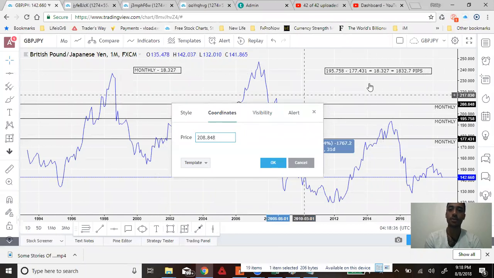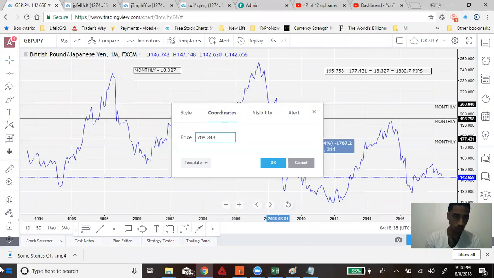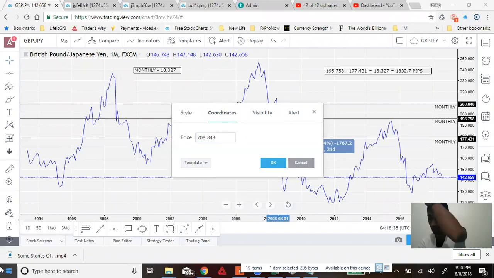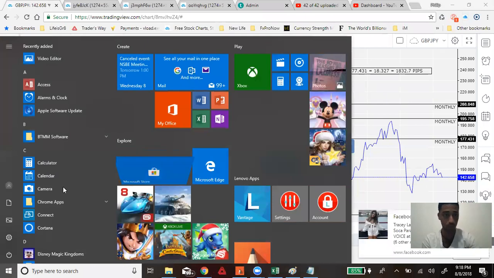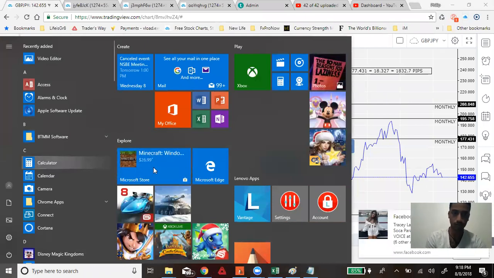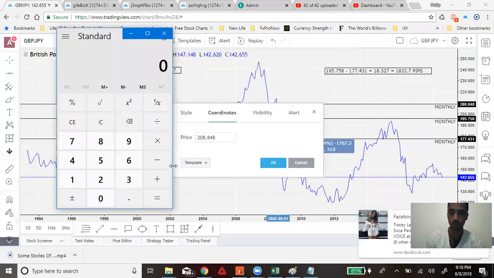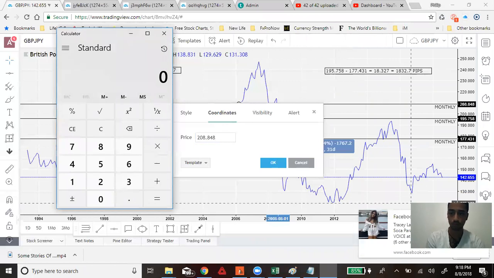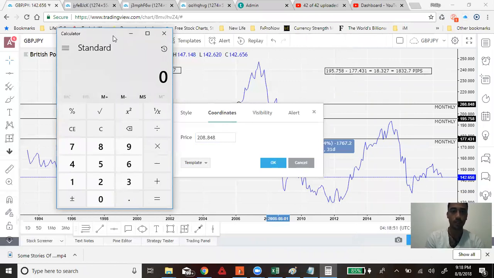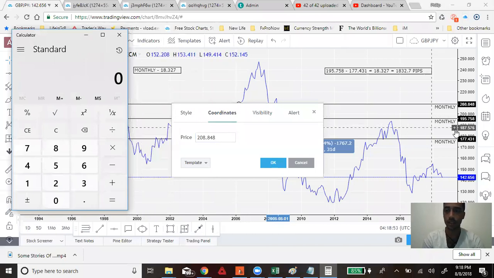Okay, so let's take out our handy dandy calculator. Again, we're going to take the top of the monthly's foundation.